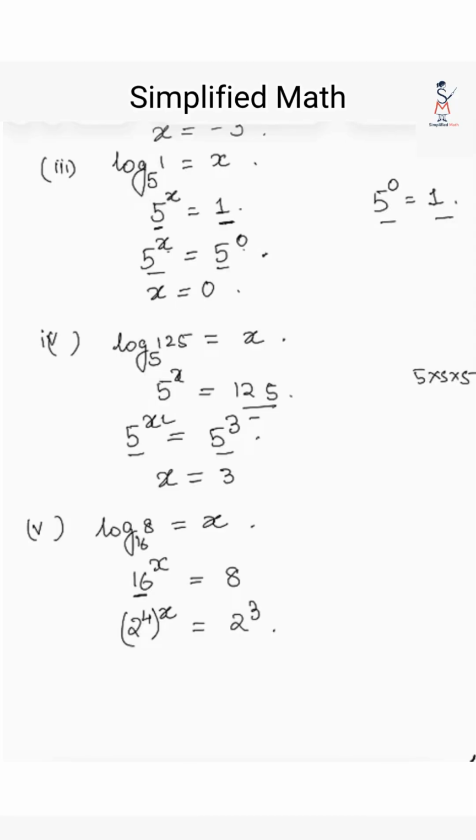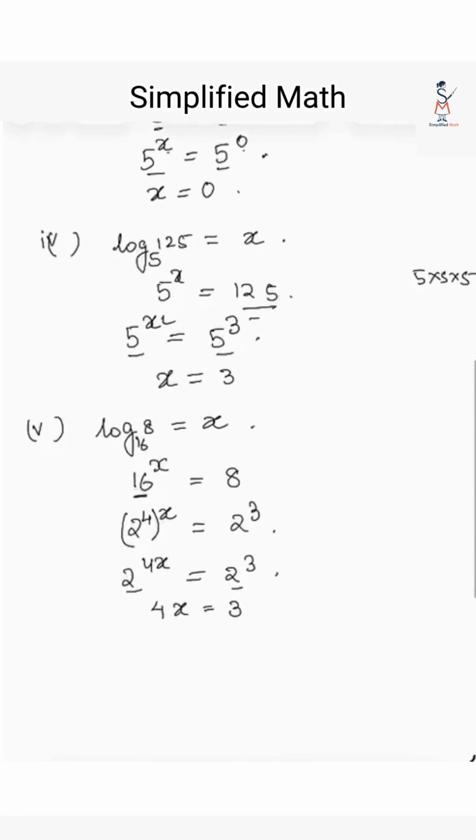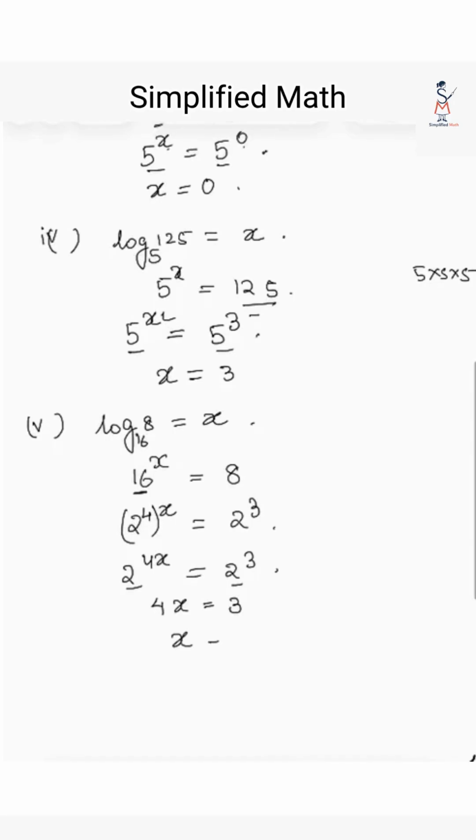So this will become 2 raised to the power 4x is equal to 2 raised to the power 3. The bases are same, so the powers become equal. That is 4x is equal to 3. So x is equal to 3 by 4, as 4 goes to the other side and becomes divide.